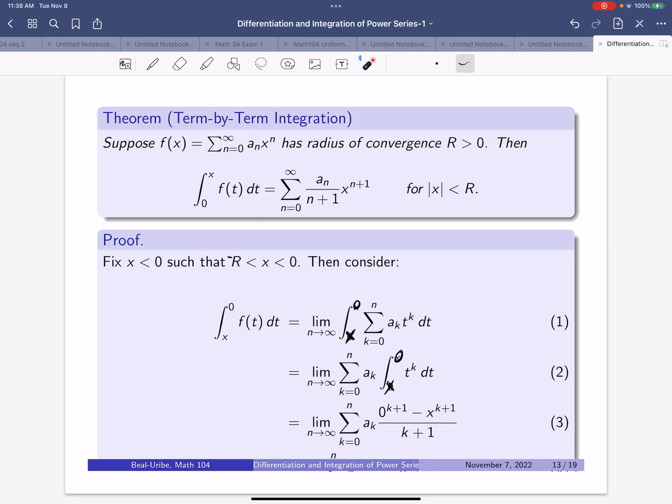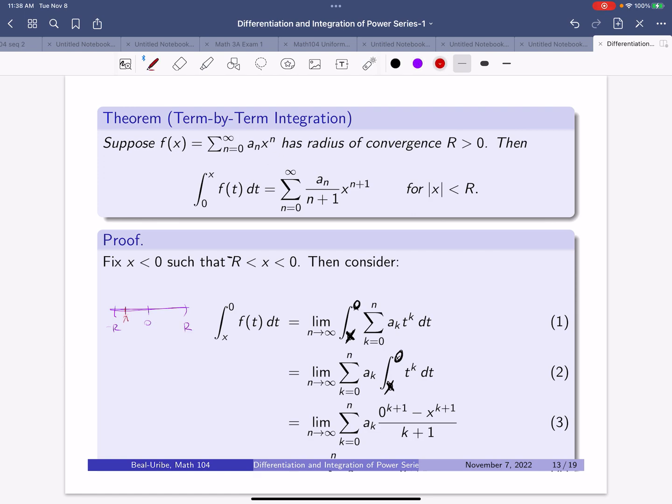Okay? So for the proof, here's what we're going to do. I'll run through it here. Fix an x that's less than 0, but we also want to make sure the x is in our domain, because we're going to integrate our power series from x to 0.